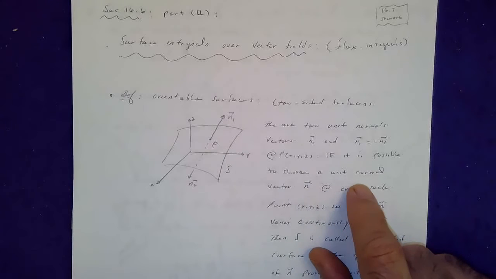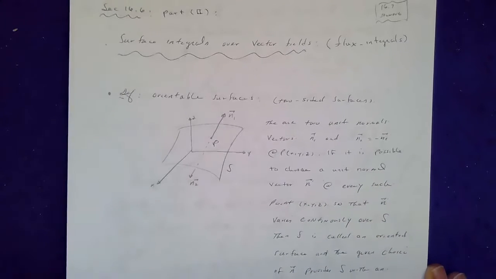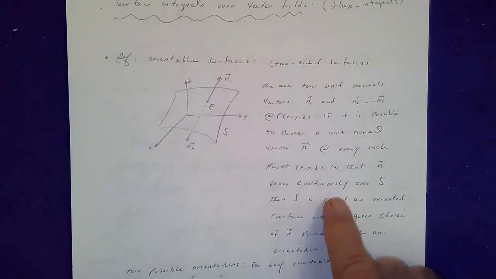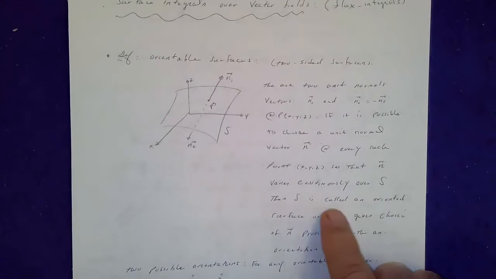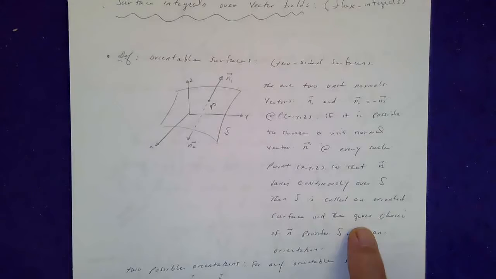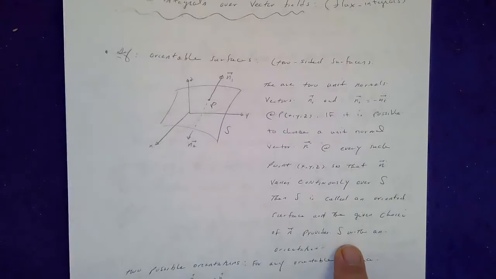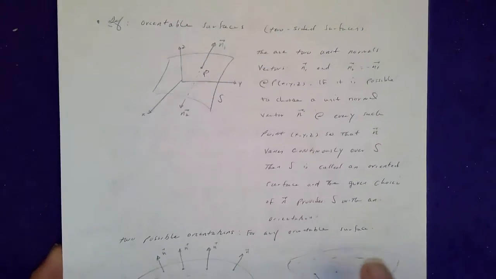If it is possible to choose a unit normal vector at every such point so that n varies continuously over S, then S is called an oriented surface. And the given choice of n provides S with an orientation.